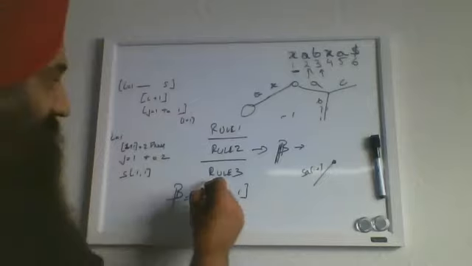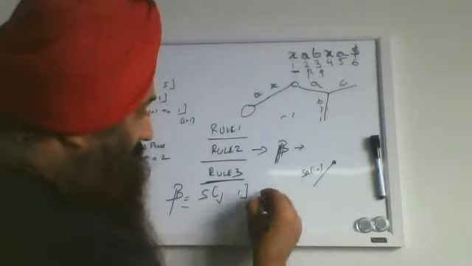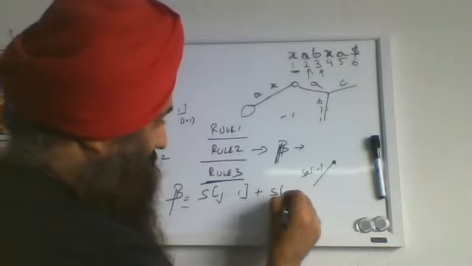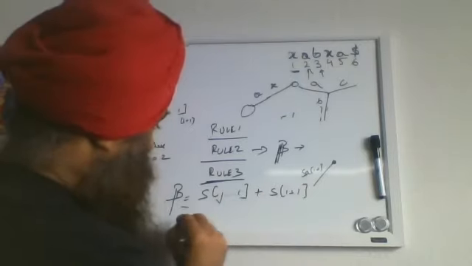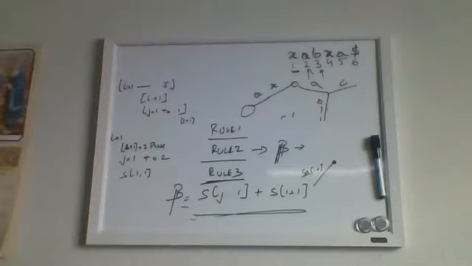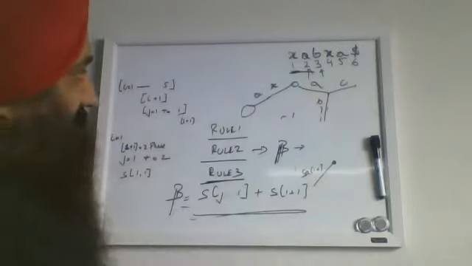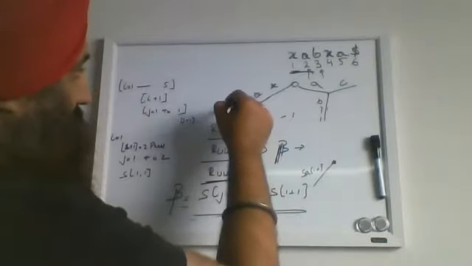Rule 3 extension says if this beta plus the single character, this whole string, exists in the suffix tree, then you do nothing. Basically, suppose we want to add xa to this suffix tree. We know xa already exists, so we do nothing.